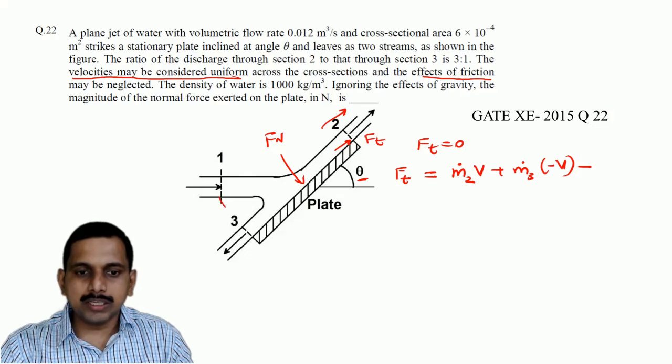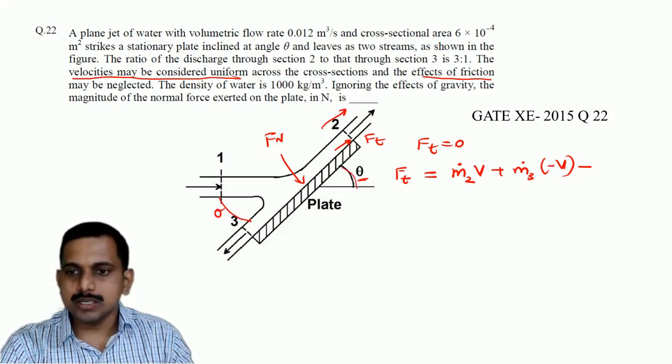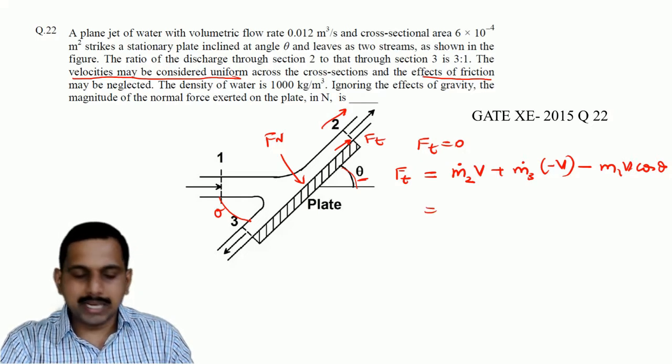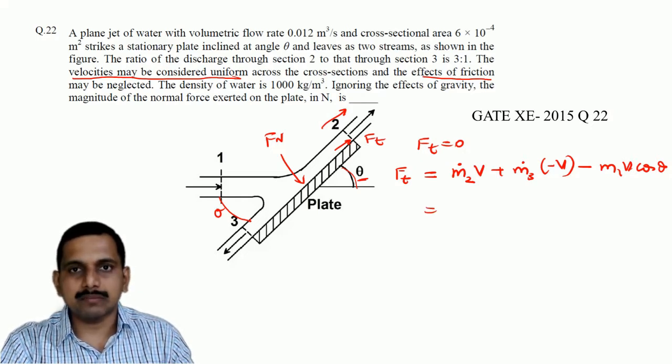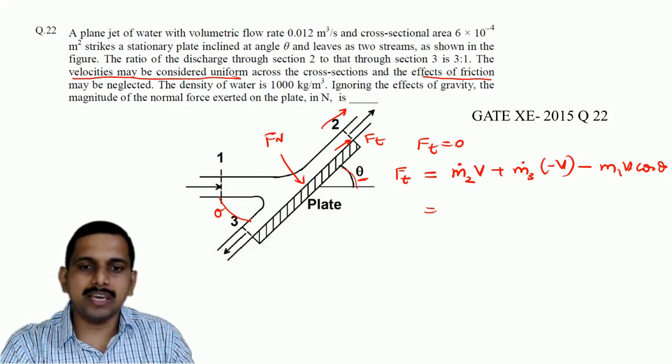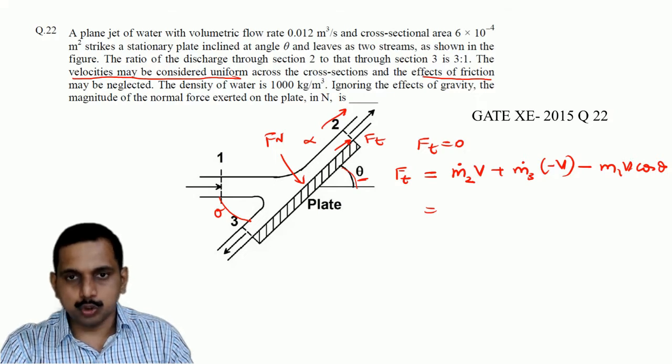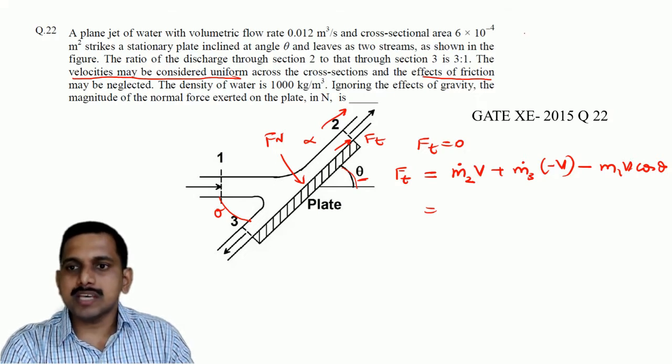When you do the theta, this is theta, so you are taking cos, so this would be m1 v cos theta. Now m2 dot and m3 dot, how much has to be there? The ratio has to be there. Say I call the ratio alpha, that is m2 dot divided by m1 dot is equal to alpha.